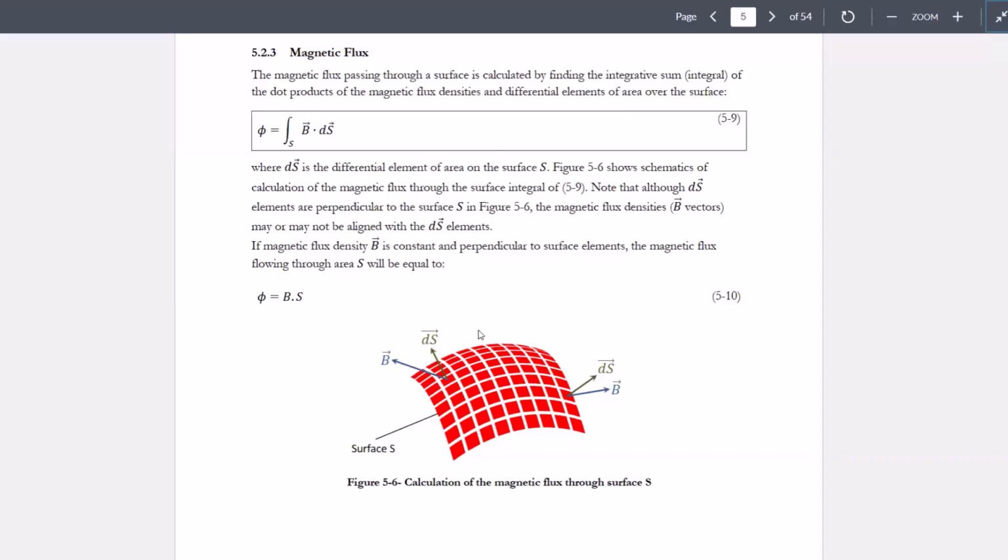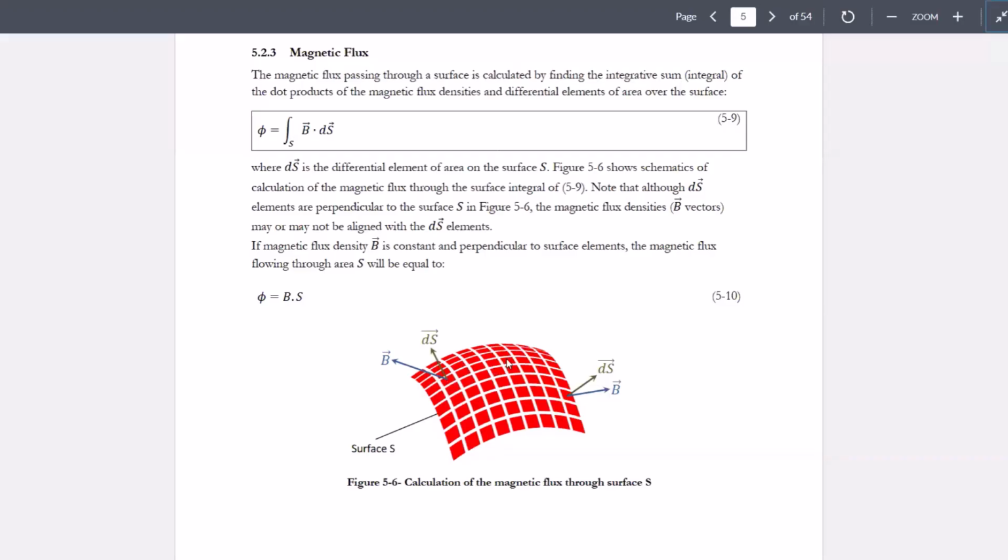So if you have a certain area like this, if you divide that area into small segments, and if you have the knowledge of B, which is the magnetic field, the magnetic flux density, and ds, which is the differential vector associated with the surface, which is going to be perpendicular to that surface in that specific area.